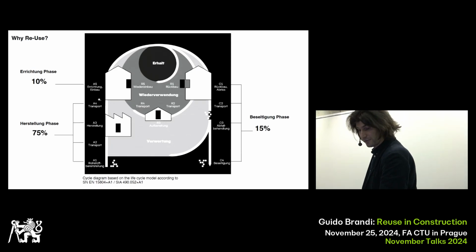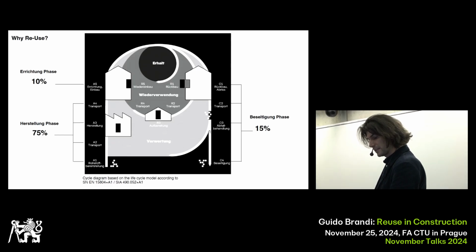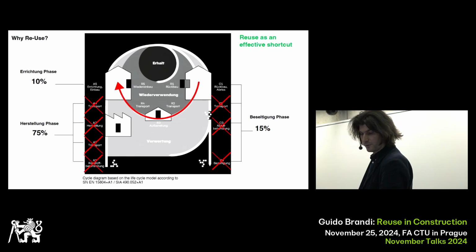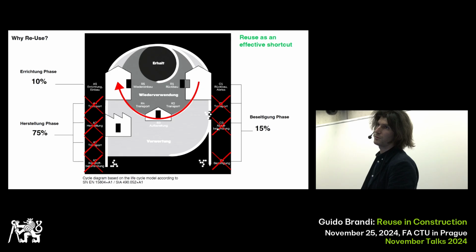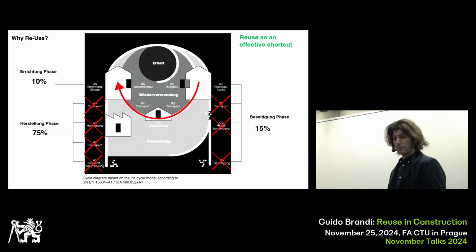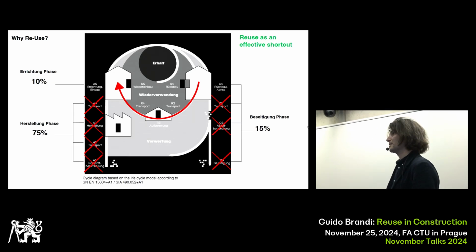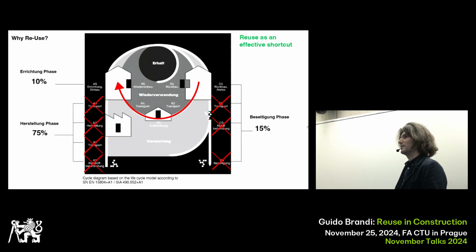The construction phase, just 10%. And from the moment we demolish a building, the entire emissions are something like 15%. So if we manage to take this shortcut, we suddenly save 75 plus 15, almost 90% of CO2 emissions.